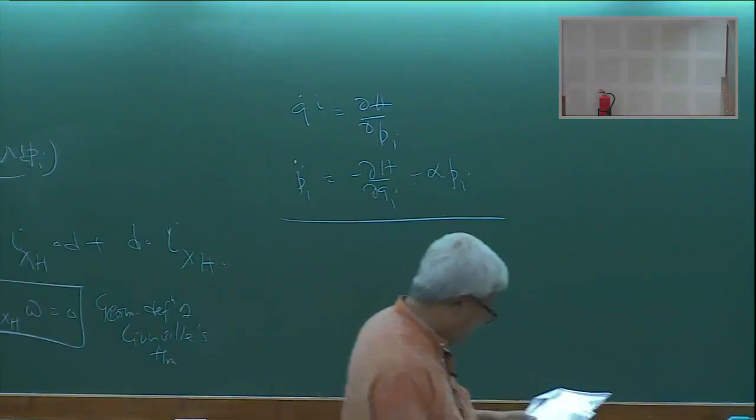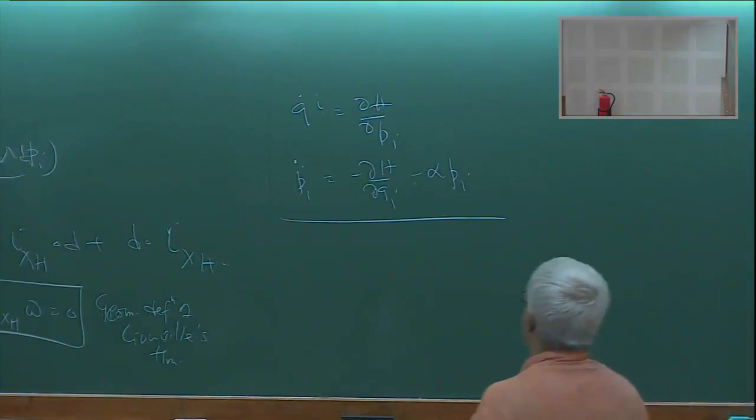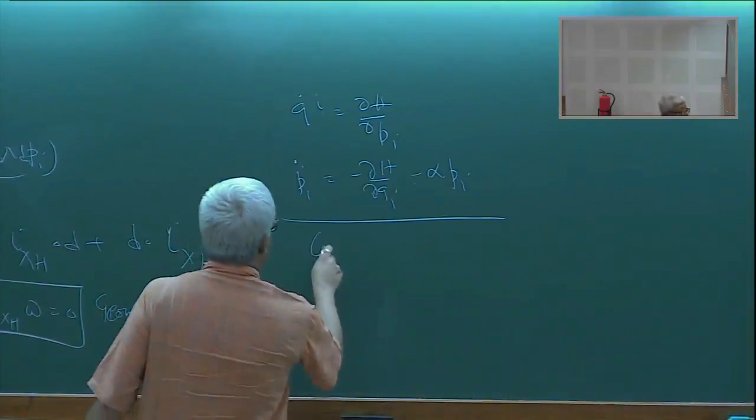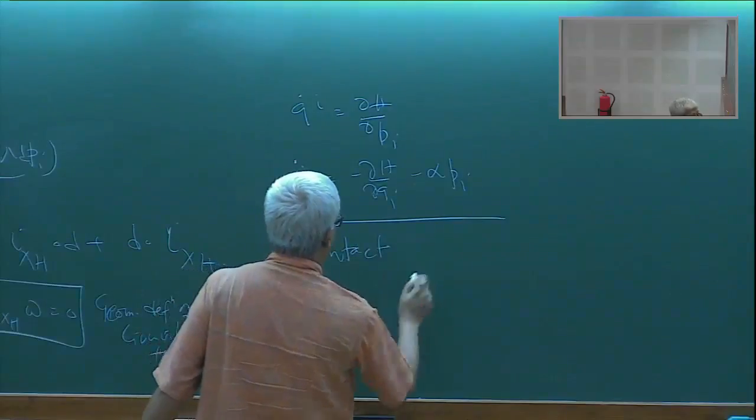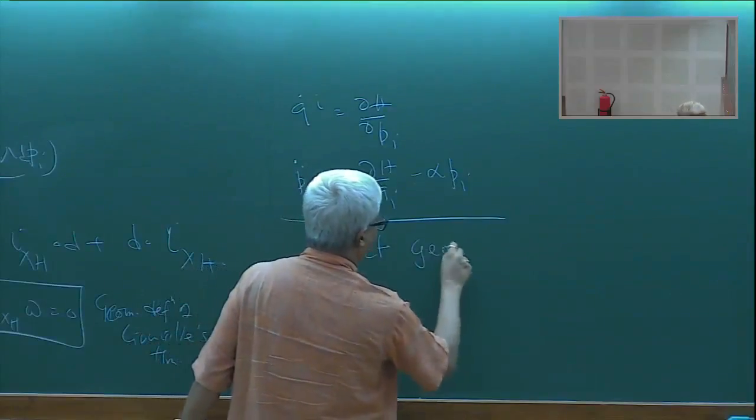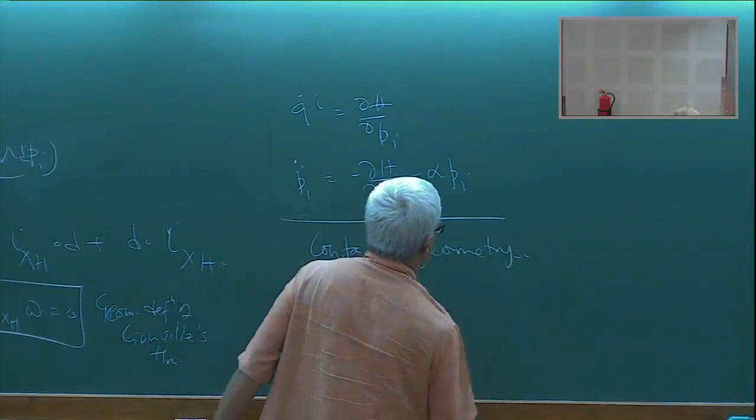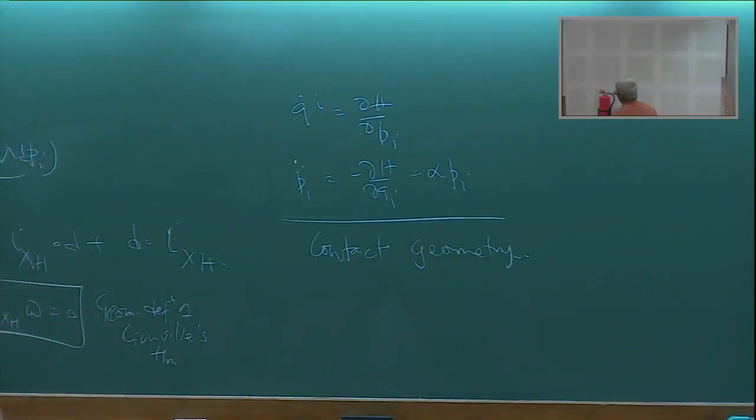The important thing is that you tackle this problem with what is called contact geometry. These things are always there. Contact geometry is very important, because to understand thermodynamics, in the language of first law, second law, derived rigorously, you need contact geometry.